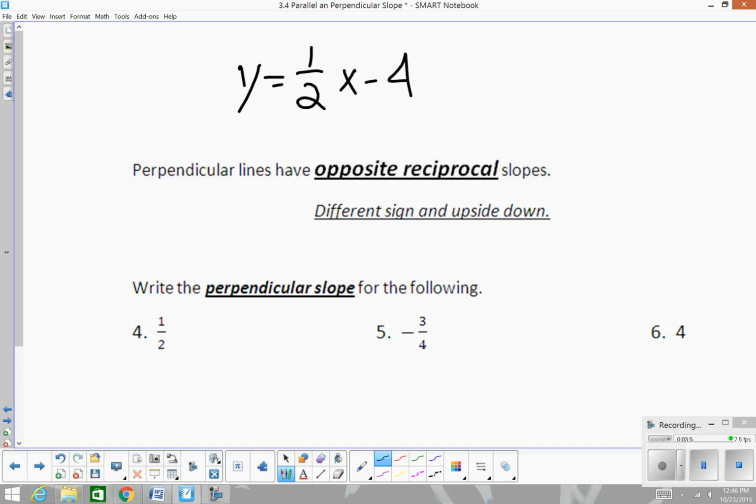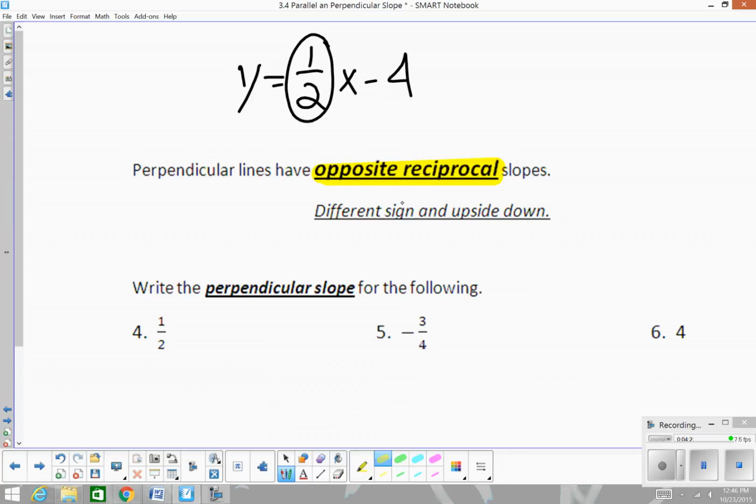Now, I have my slope and my y-intercept in slope-intercept form, and I want to think about a perpendicular line. I want to think about something different with the slope. It's not going to be the same slope, because if it was the same slope, it would be parallel. Now, we discovered that perpendicular lines have opposite reciprocal slopes. So what does that mean?